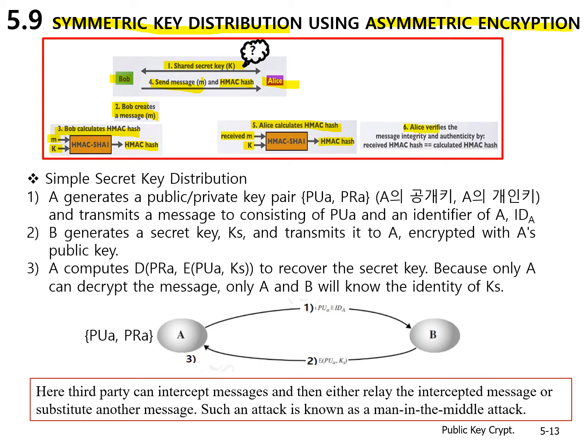Then Alice verifies the message integrity and the authenticity by checking whether the received HMAC hash equals the calculated HMAC hash.